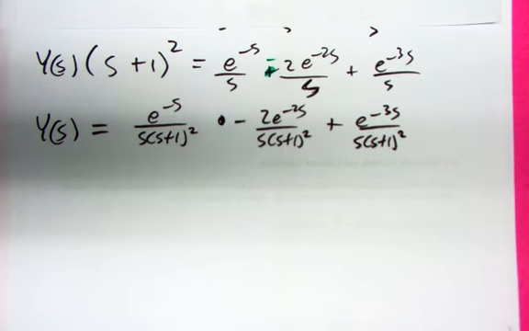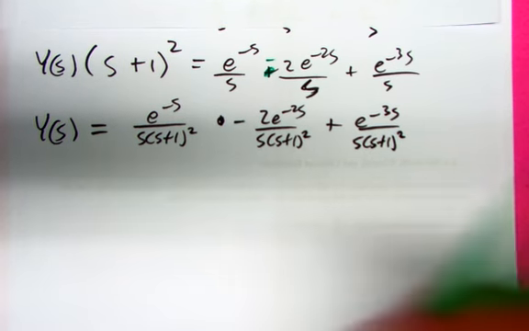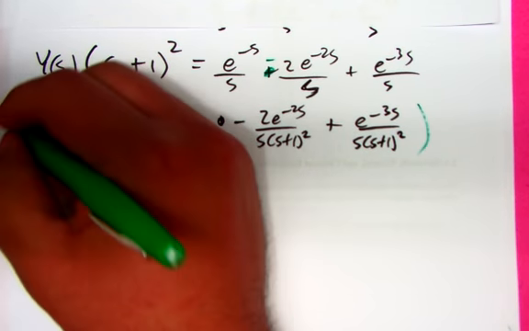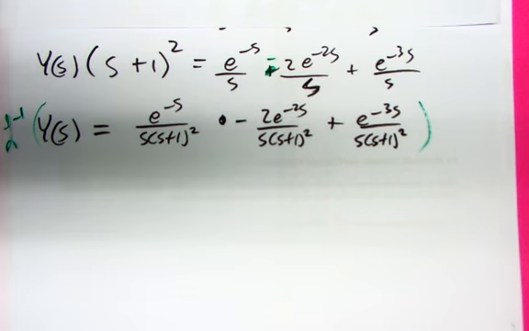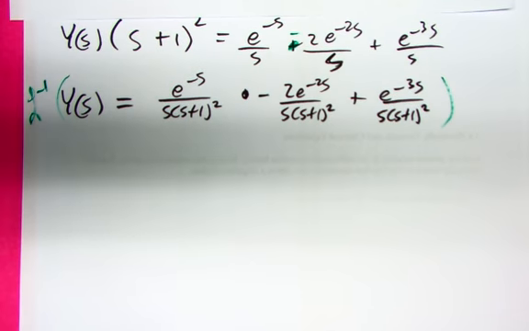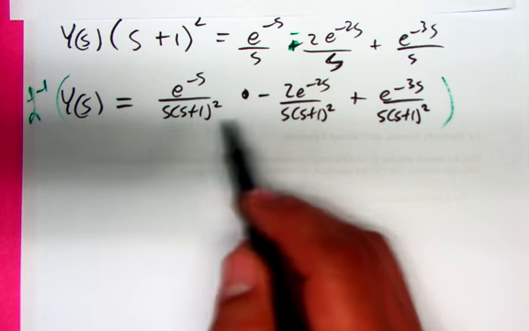Now from here, to do the inverse of this whole thing, if we want to do the inverse transform of the equation, that will give us y of t. But we have this fraction that's present in all three terms.